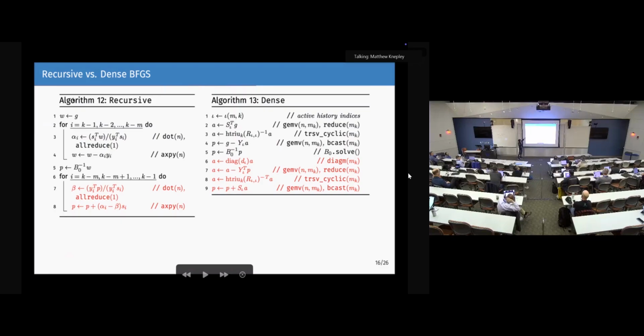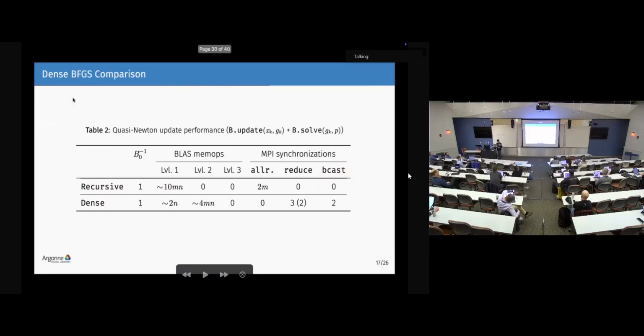But regardless, the recursive one is looping over dot products and XPs, and for the dense one, you just have a bunch of GEMVs and then triangular solves. So the recursive one has way more BLAS calls, roughly 10 m times n level 1 BLAS calls.